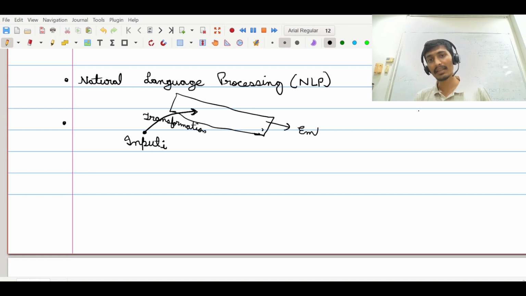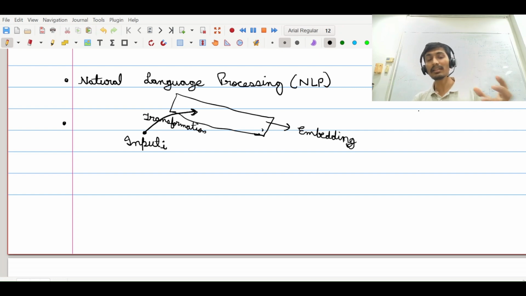So this is the embedding space. It will contain the embeddings corresponding to all the different inputs. So we could have input j, and corresponding to that we would have embedding j, input I, which gets mapped to the embedding space after applying some transformation, and the corresponding embedding vector or matrices, whatever.